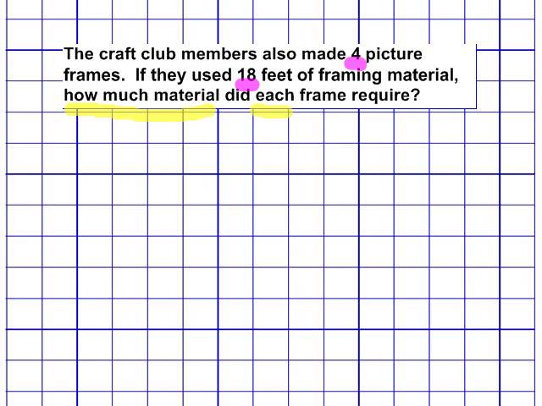We know then that we will need to divide 18 feet by 4 picture frames. And 4 goes into 1 0 times, and 4 goes into 18 4 times. So 4 times 4 is 16. And when I subtract that, I know that 8 minus 6 is 2, and 1 minus 1 is 0.